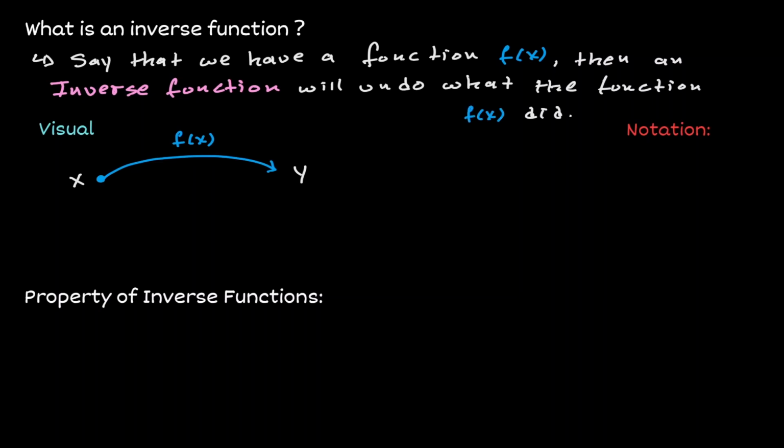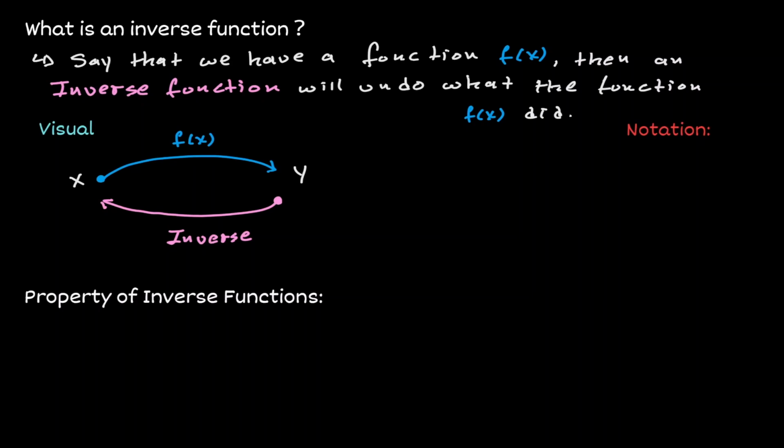In other words, the inverse function will get the variable y that we got from f of x, and we can plug that variable into this inverse function, and it will tell us what was the variable x that we plugged into f of x. So it does the opposite of f of x.